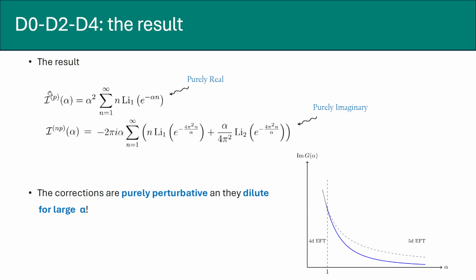Explicitly, these are the formulas. This is the perturbative piece, and this is the non-perturbative piece. And now, what is amazing here is that the non-perturbative piece is purely imaginary, and the perturbative piece is purely real. I've been super fast, so probably you haven't noticed, but let me remind you that what is entering the entropy is only the imaginary part of G, the higher genus correction to the prepotential.